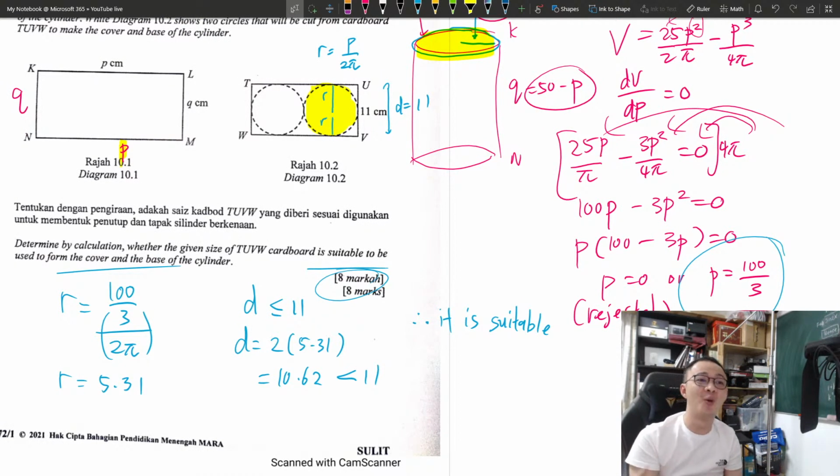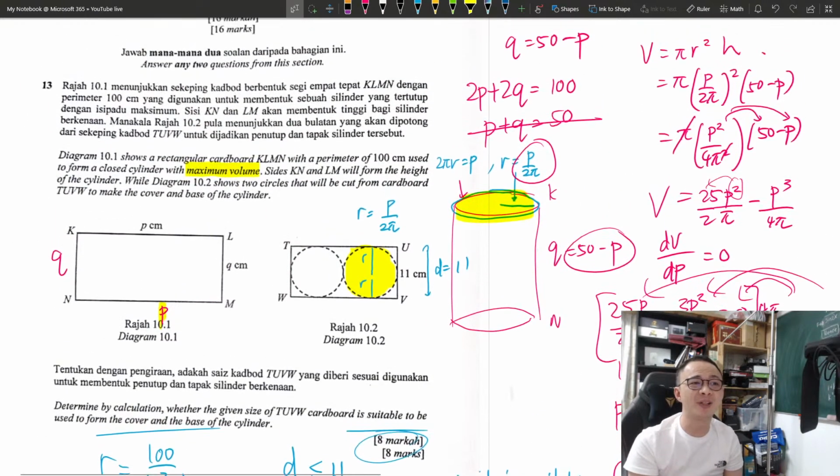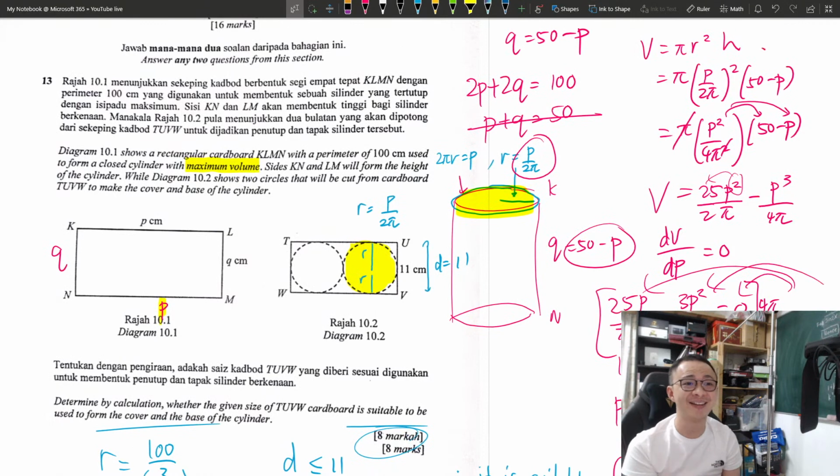So right now you know why you need the p and how to use the p to know whether it's suitable or not. This kind of question is not simple for a lot of students, because you might not understand what the question wants, then you might get stuck there. But if you understand, I find this kind of question is still fine.